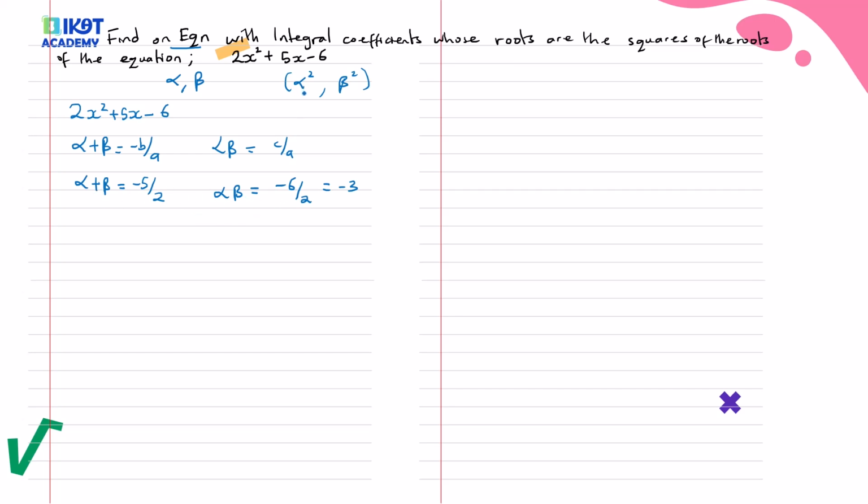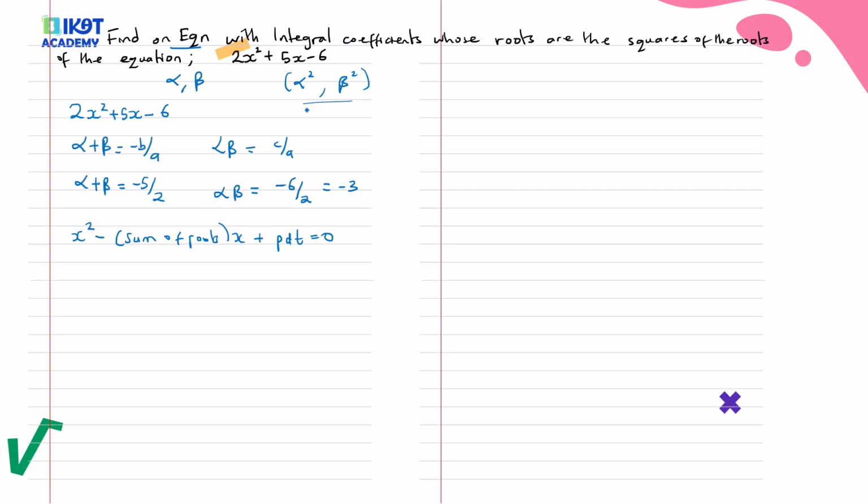But now we want to find an equation whose roots are the squares of these roots. We said for any quadratic equation, x squared minus the sum of the roots into x plus the product is equal to 0. This gives us the quadratic equation using the sum and the product.